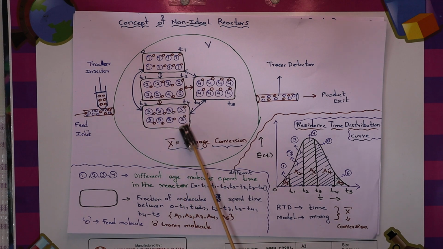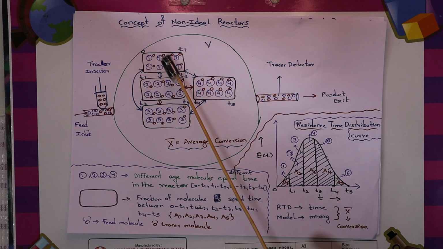This fraction spends time between T3 and T4, and this fraction spends time between T4 and T5. That means you can imagine all the molecules in this non-ideal reactor divided into a number of fractions, and every fraction has a specific time.